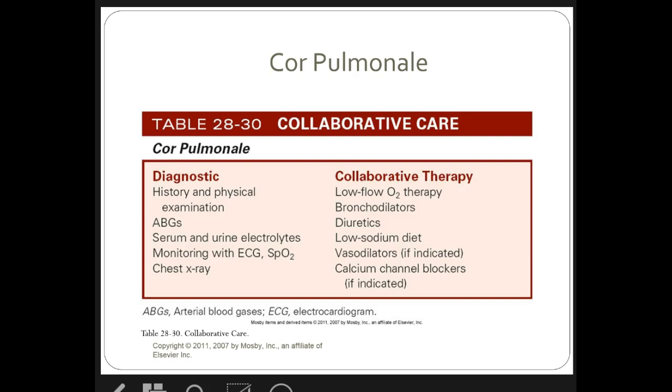And we're going to look at the chest x-ray. Likely you're going to have an enlarged heart, as well as some enlarged pulmonary arteries. They're going to need to be on their low flow O2. We're going to need bronchodilators, diuretics. Also, they possibly need some calcium channel blockers for treatment.